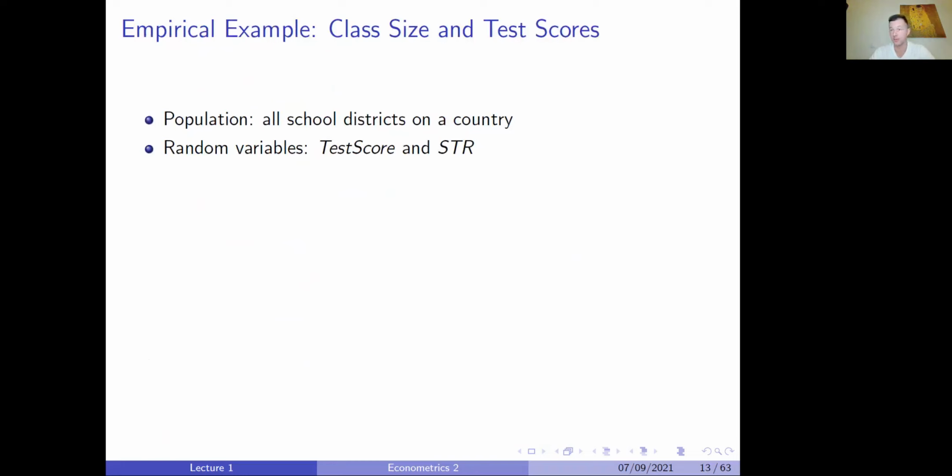We don't know beta 0 as well. We need to randomly select n school districts and collect observations on their test scores and student-teacher ratio. And these two variables are independently and identically distributed. As I said, if we know test score and student-teacher ratio for one district, we cannot predict them for the other district.